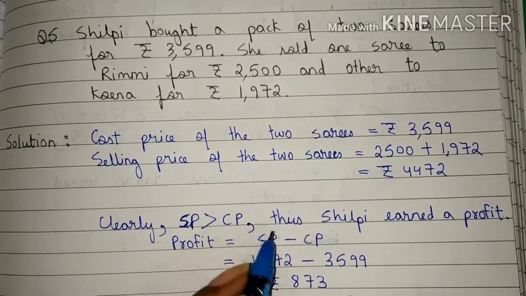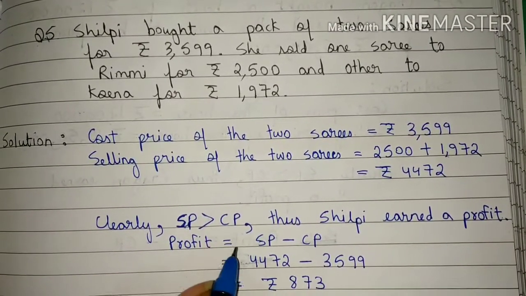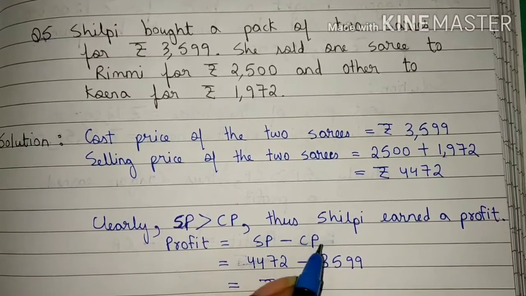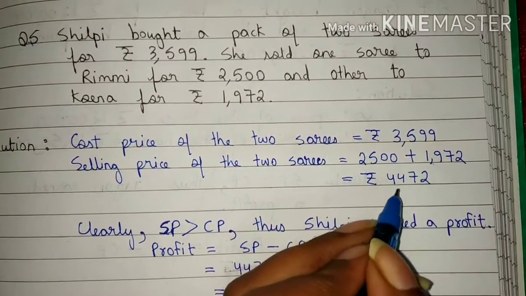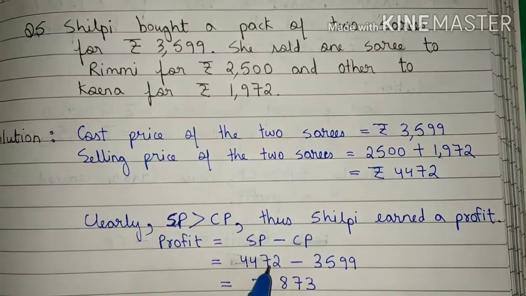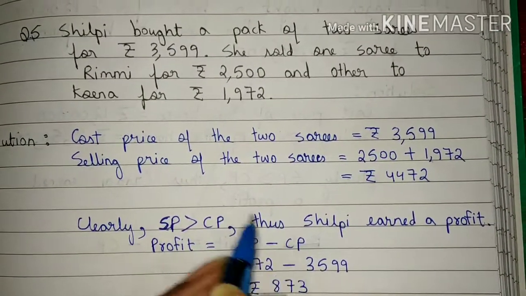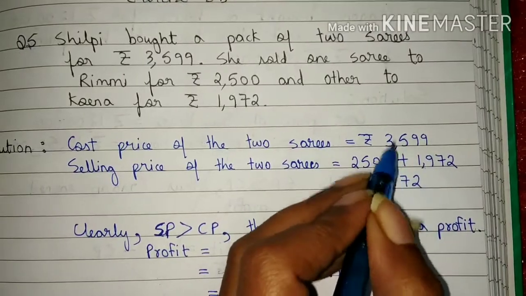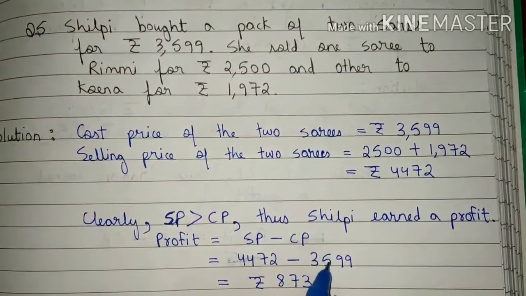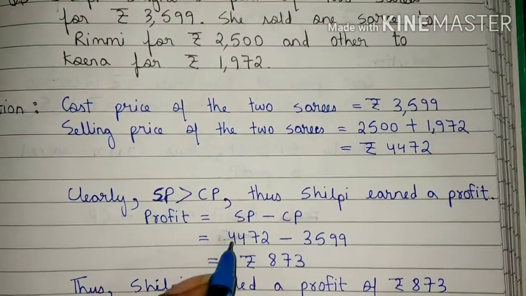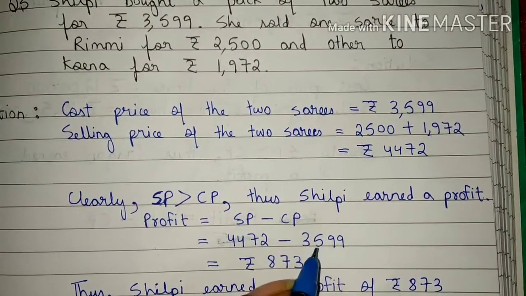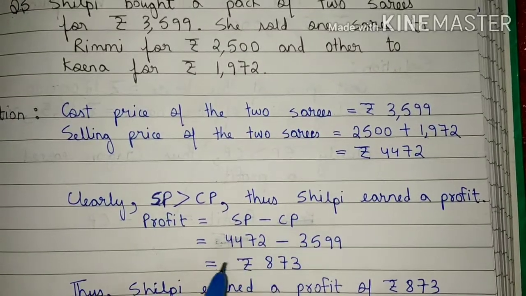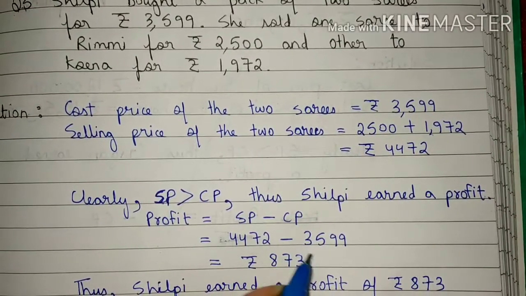Students, how will you calculate profit? Profit is equal to selling price minus cost price. Selling price is rupees 4472 and cost price is rupees 3,599. So 4,472 minus 3,599 is rupees 873.